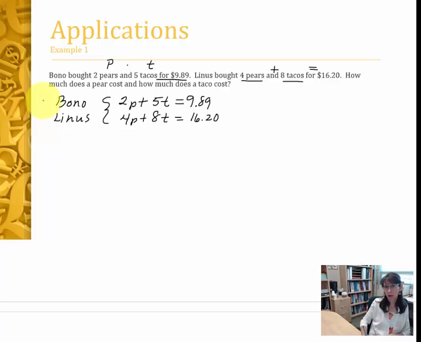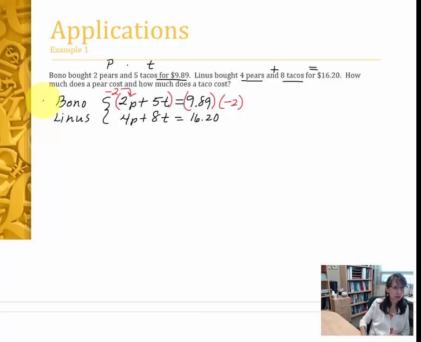2p and 4p are not going to add to make 0, but it would be fairly simple to multiply everything in the first equation by -2, and that way we would create -4p and +4p, and therefore elimination can be done.